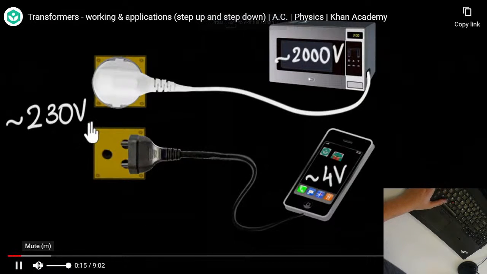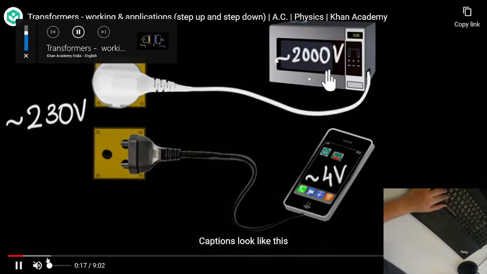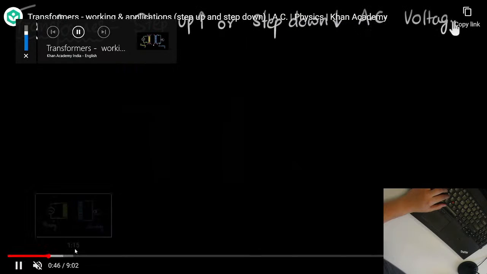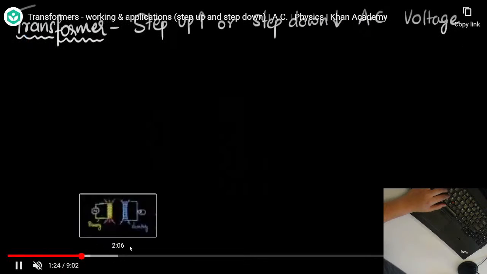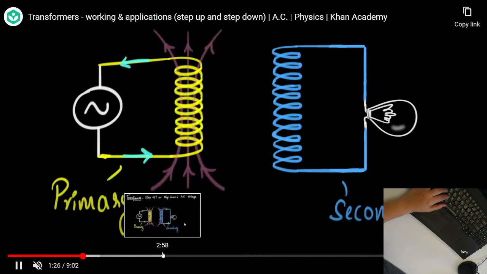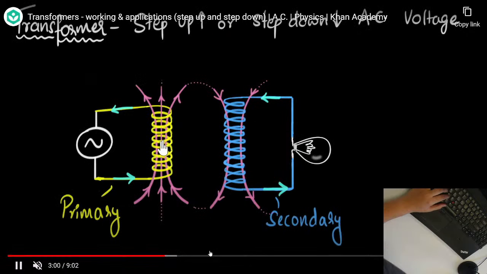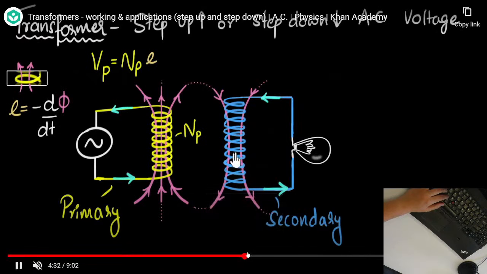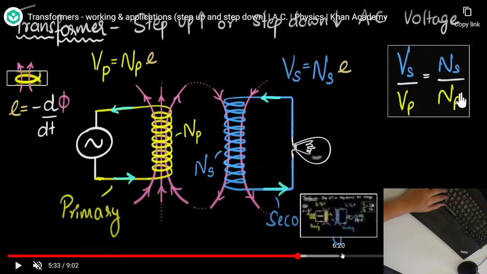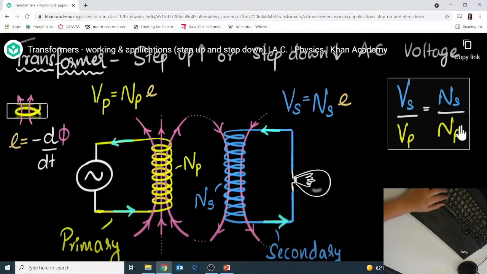I mean, the voltage is too low to run a microwave. Primary, secondary. I just need the formula. I want that formula.